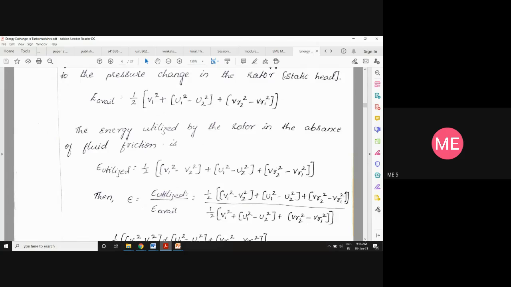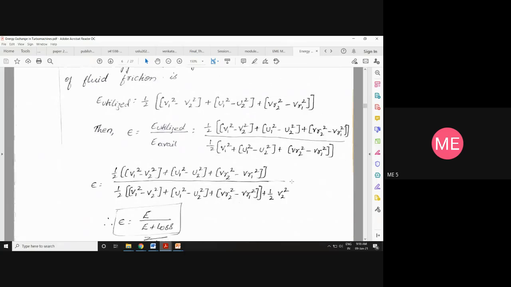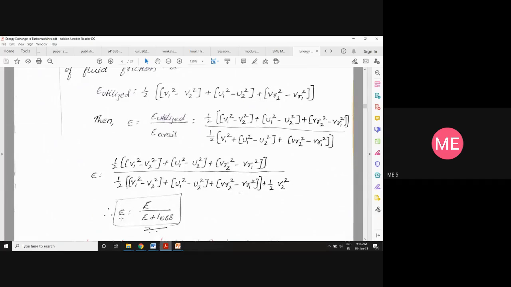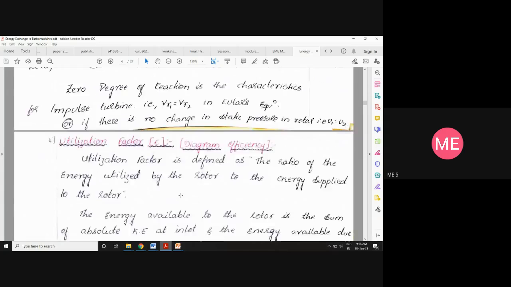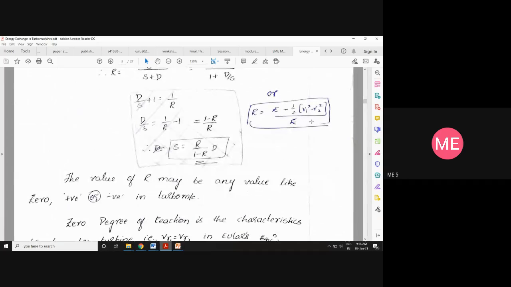If I make a ratio of energy utilized by energy available, the same equation I'll put, cancel off some terms, and the remaining I'll get like this. So this is called the utilization factor. It tells about the efficiency: how best the turbine is going to utilize the energy supplied to generate the power. So this is the formula for utilization factor, and this is the formula for degree of reaction.